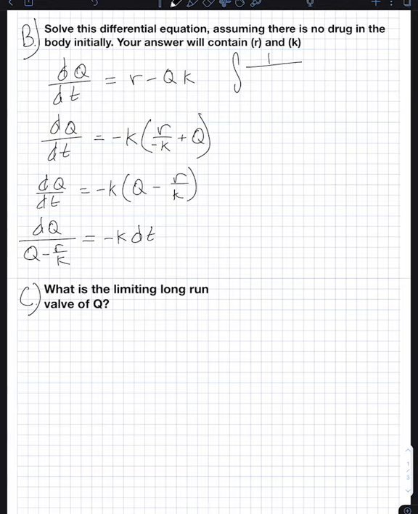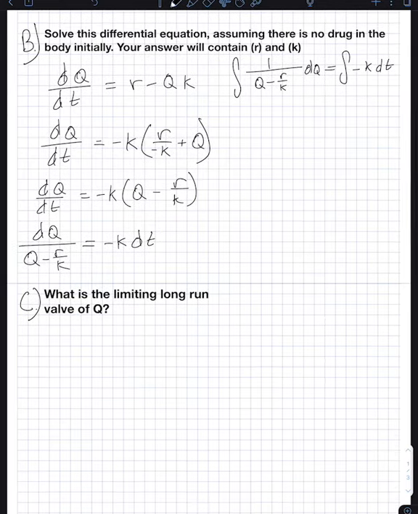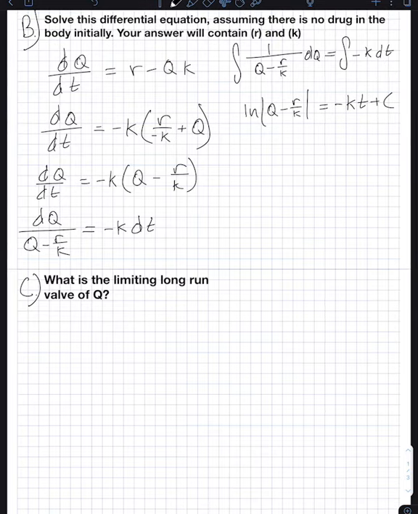Everything's separated, so it's 1 over Q minus R/k dQ equals negative k dt. On the left side, we're just going to have ln of the absolute value of Q minus R/k, and that equals negative kt, plus C, the constant of integration.